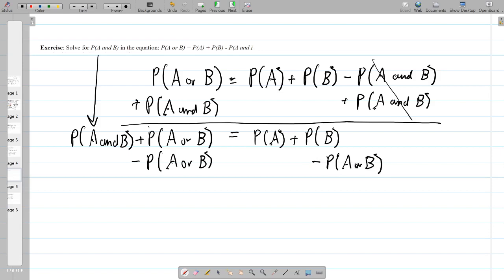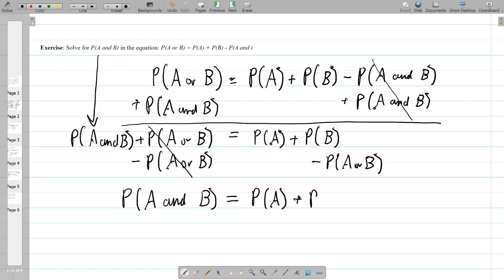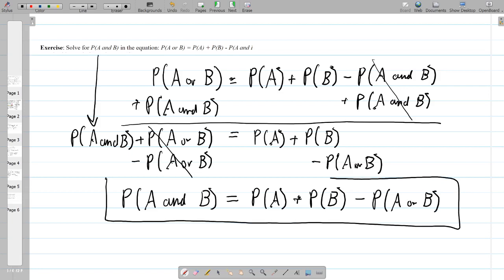If we think of canceling here, we're left with just probability of A and B equals probability of A plus probability of B minus probability of A or B. So we get that right there.